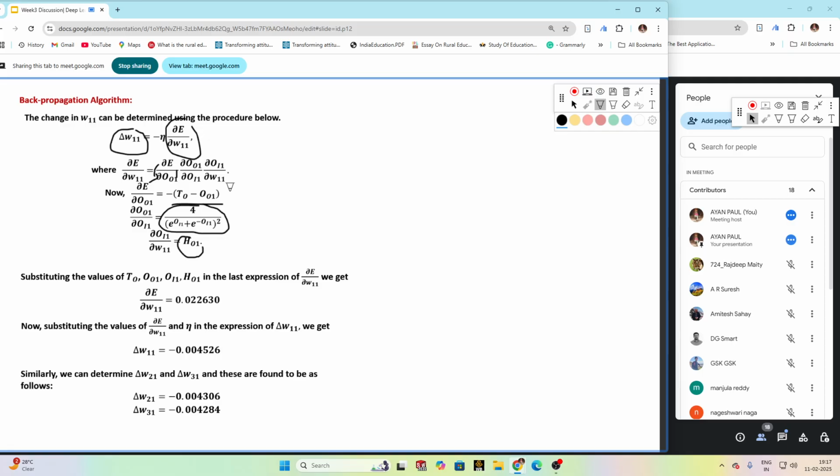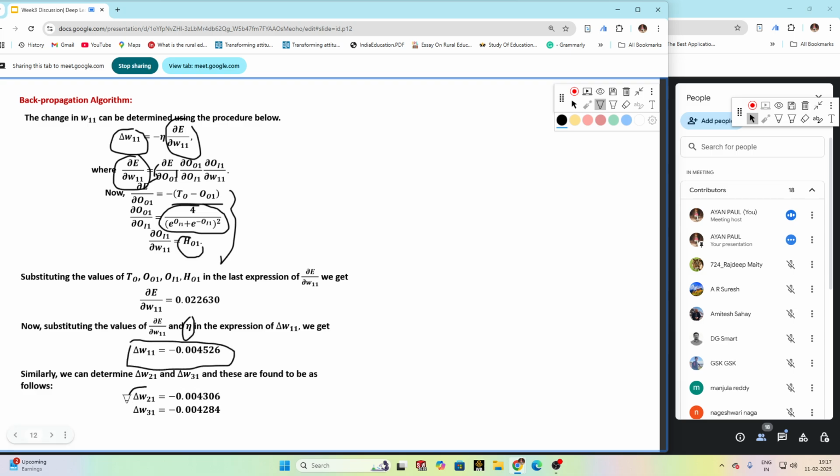You have to combine these three terms, and only then can you calculate del E by del W11. Once you calculate del E by del W11, you can calculate delta W11, which is nothing but minus the learning rate times del E by del W11.